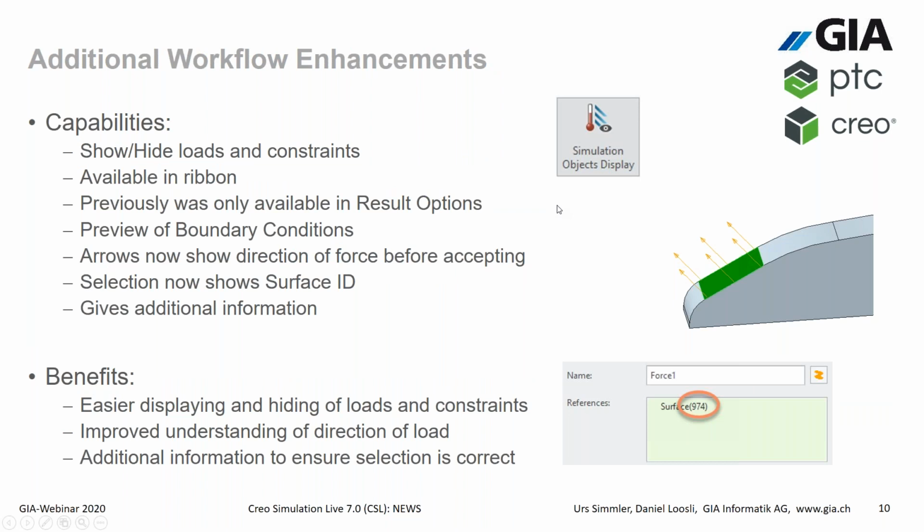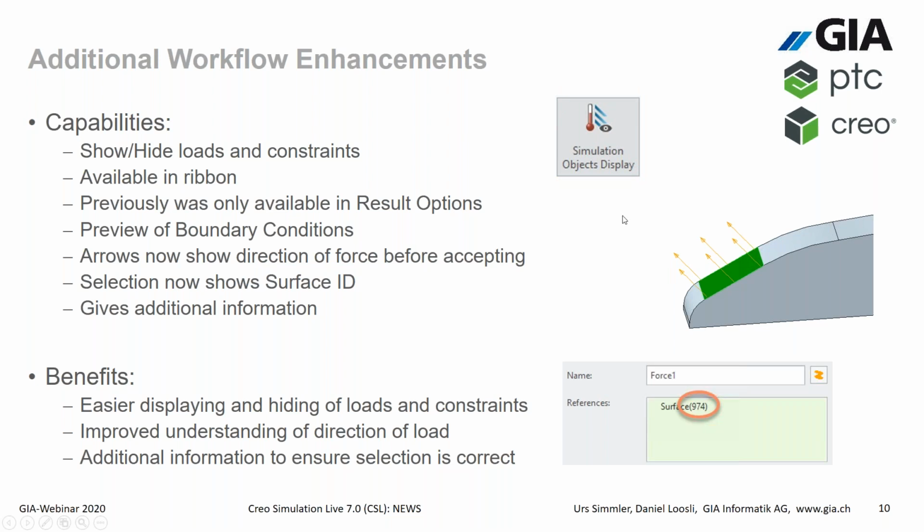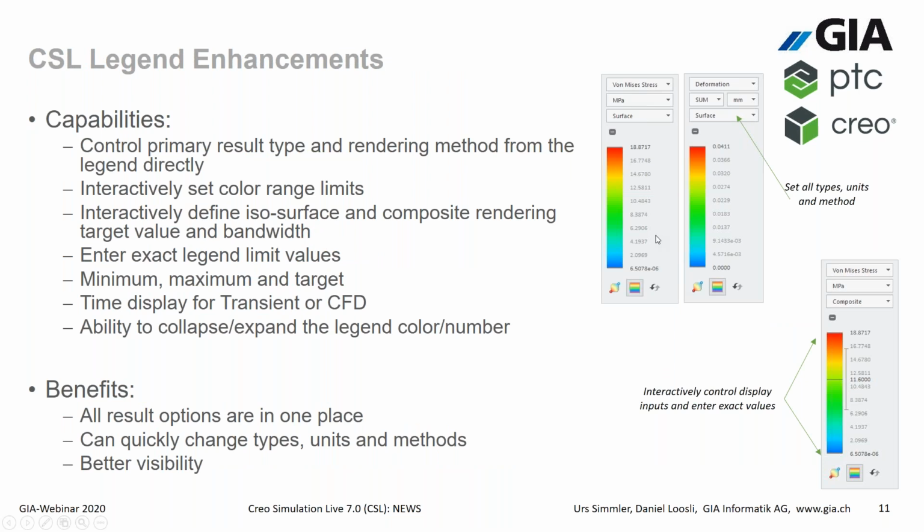You have better graphical feedback of the selected objects. Even the IDs are available, and you can toggle these simulation objects here. The Creo Simulation Live legend is very easy now to handle, so we have quite a lot of new functionality in it.